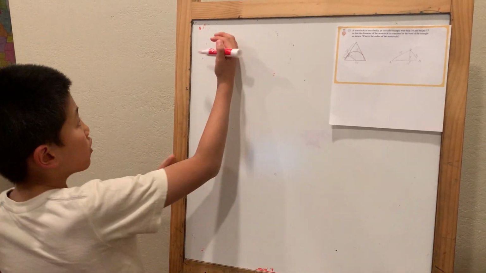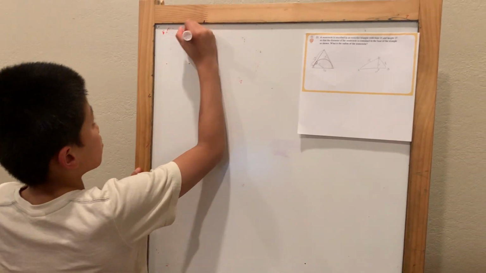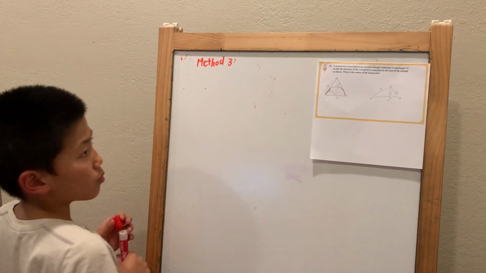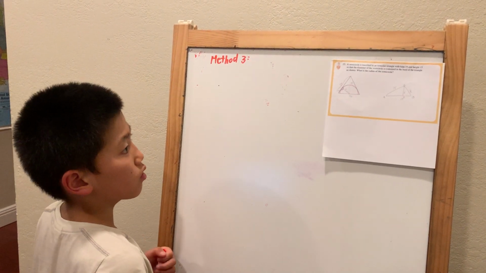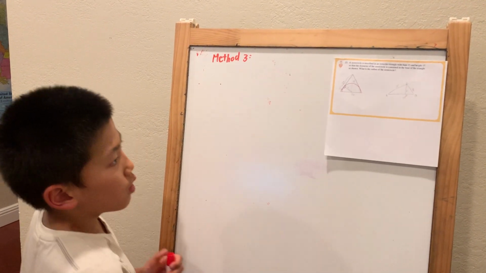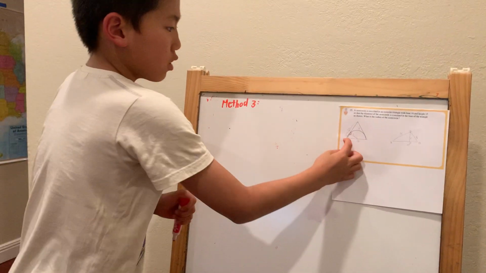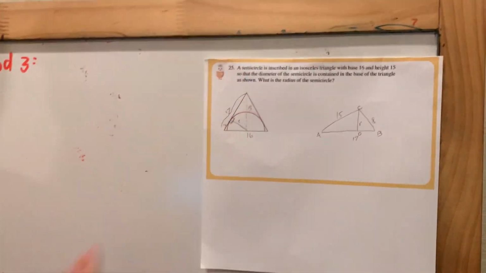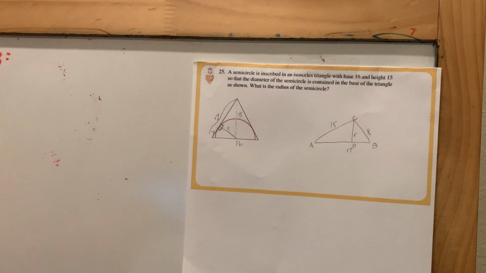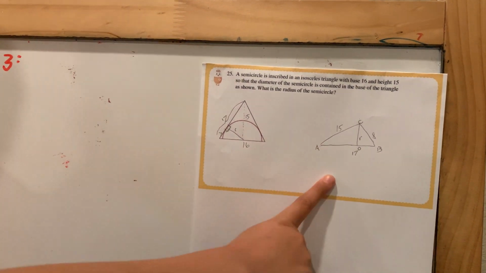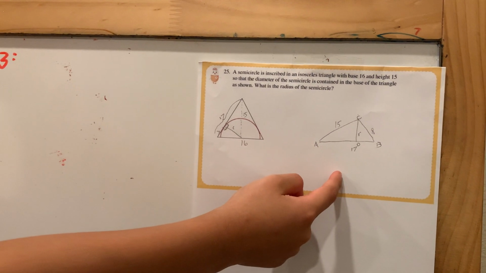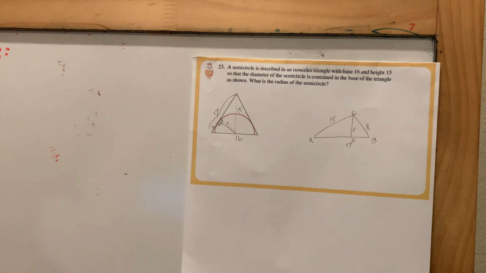method 3, which is going to use similar triangles, or if you already know the projection theory, then you can find it. But if we focus on this half triangle, when we rotate it, that 17 is the base, you get this triangle, and this triangle might look familiar because it's a projection theory.